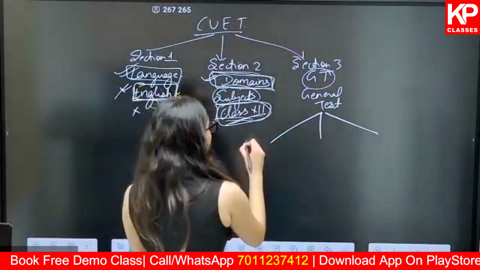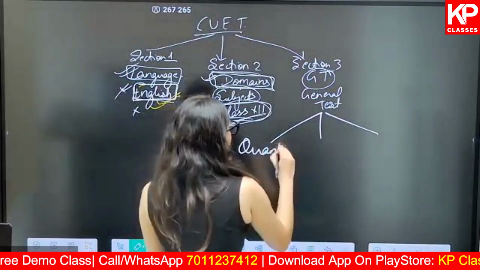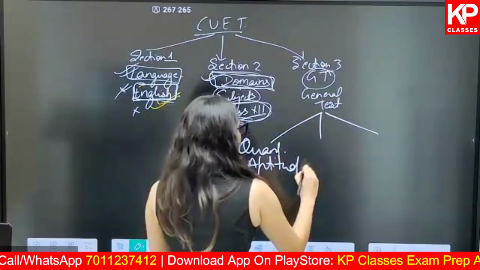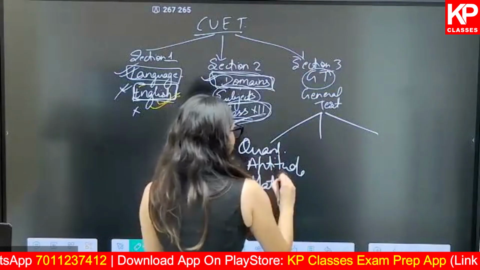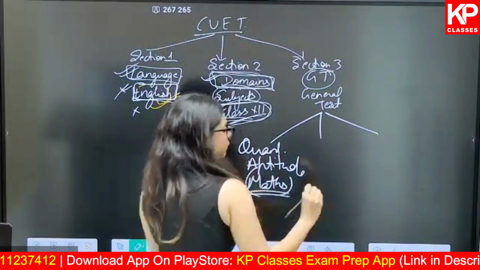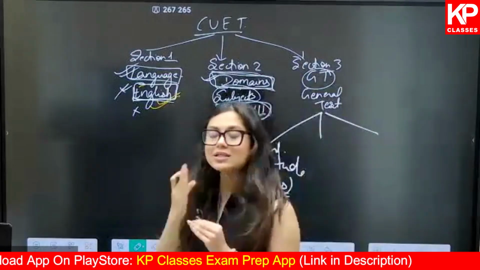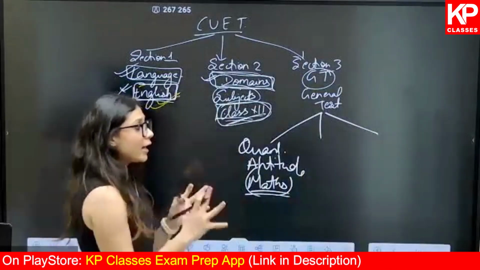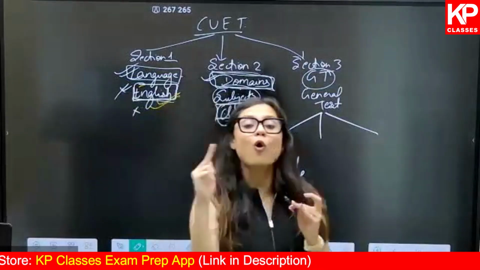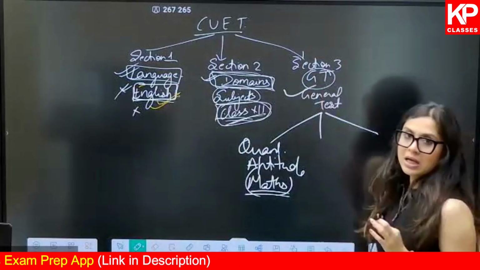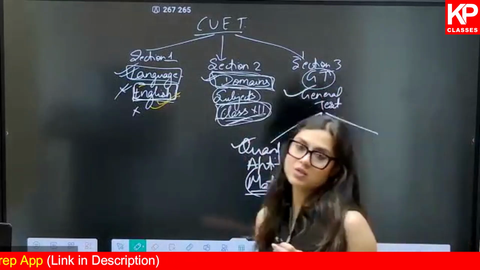Number 1 is your quantitative aptitude. This is nothing but your maths. So yes, as a humanities student, if you are targeting CUET, that is all the universities, you have to give GT and you have to study maths as humanities students.